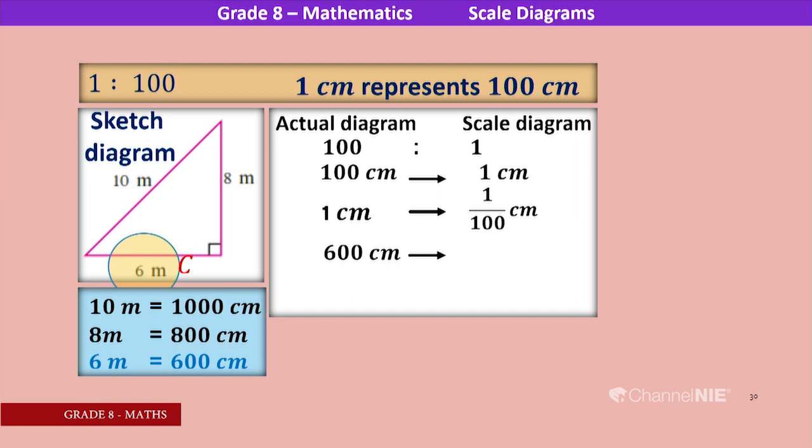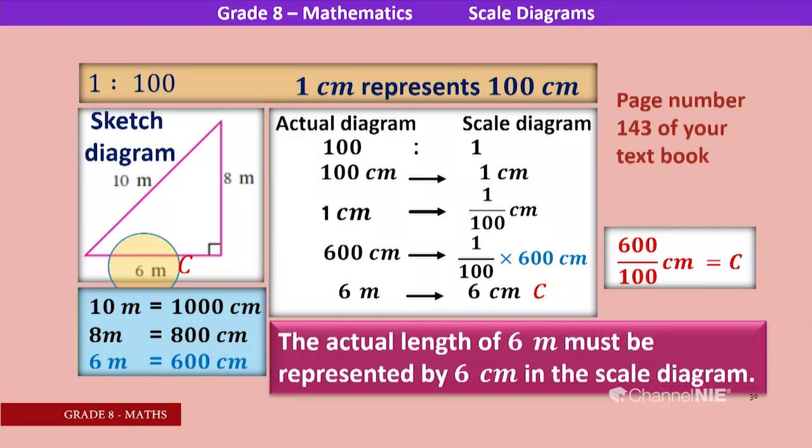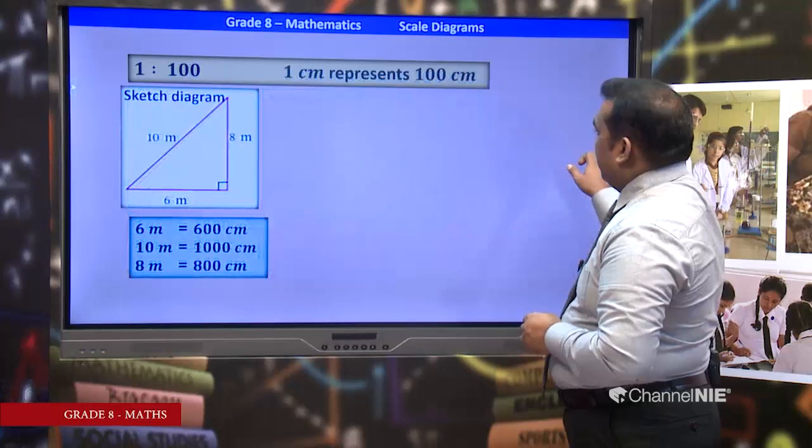Then multiply this one by 600 centimeters. Why is that? In 6 meters you can see 600 centimeters. After multiplying, you have 6 centimeter. 6 meter means 6 centimeter. Page number 143 of your textbook, right? You can see this one. See, the actual length of 6 meter must be represented by 6 centimeter in the scale diagram.